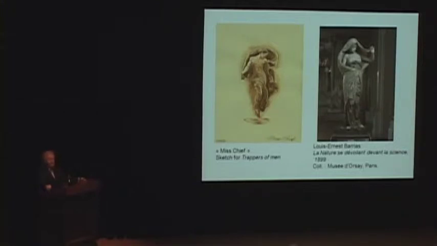It's a typical academic type of subject, la nature se dévoilant devant la science, nature revealing itself in front of science. Done by an obscure sculptor, Monsieur Barrias, Louis-Ernest Barrias, in 1899. It's really the type of thing that the Musée d'Orsay is obliged to show, but they could keep it in their entrepôt if it was just me.